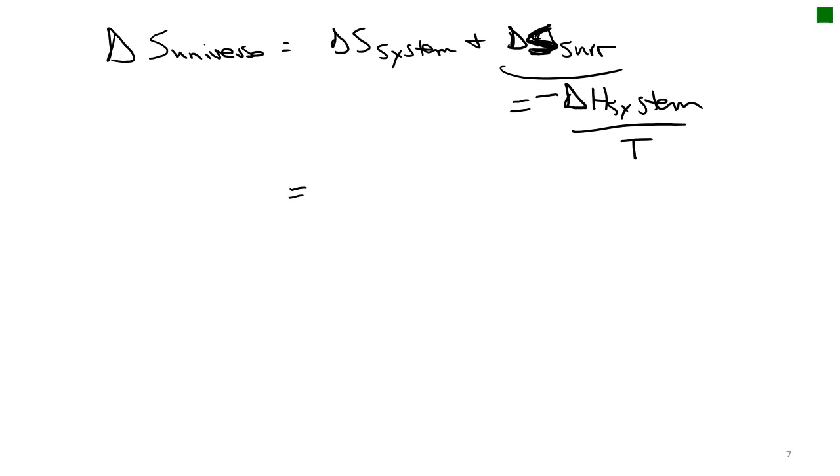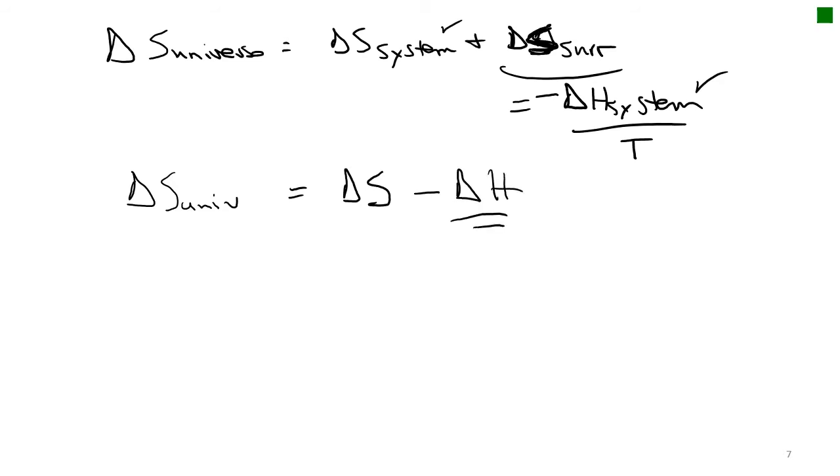Please note that these are both system, so we remove the choice of word system, and we just say that delta S of the universe is equal to delta S minus delta H over T, where both delta S and delta H come from the charts.